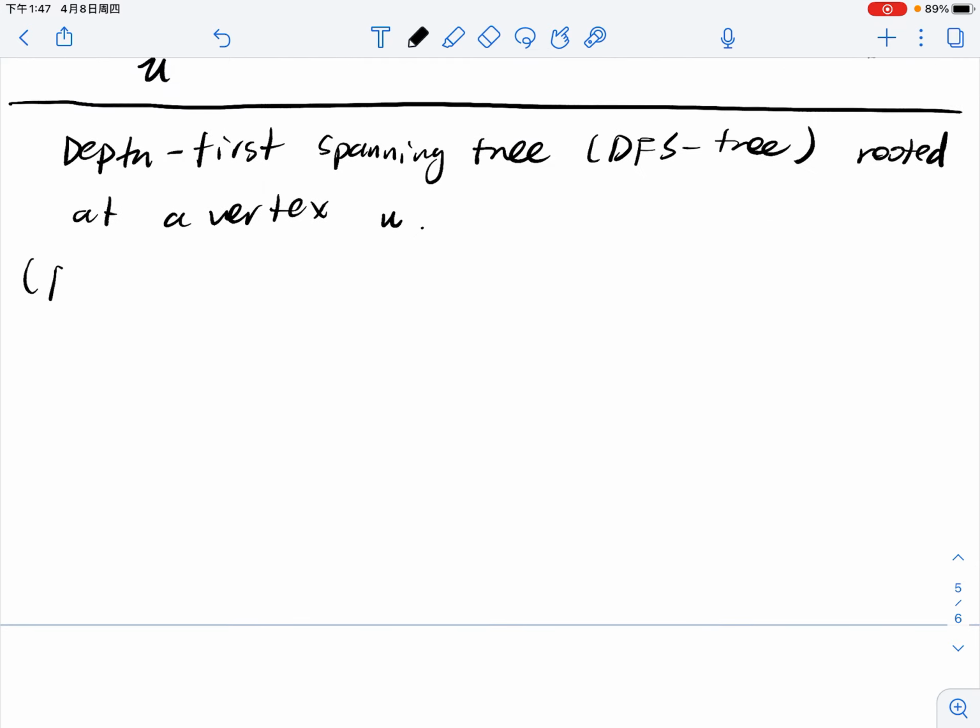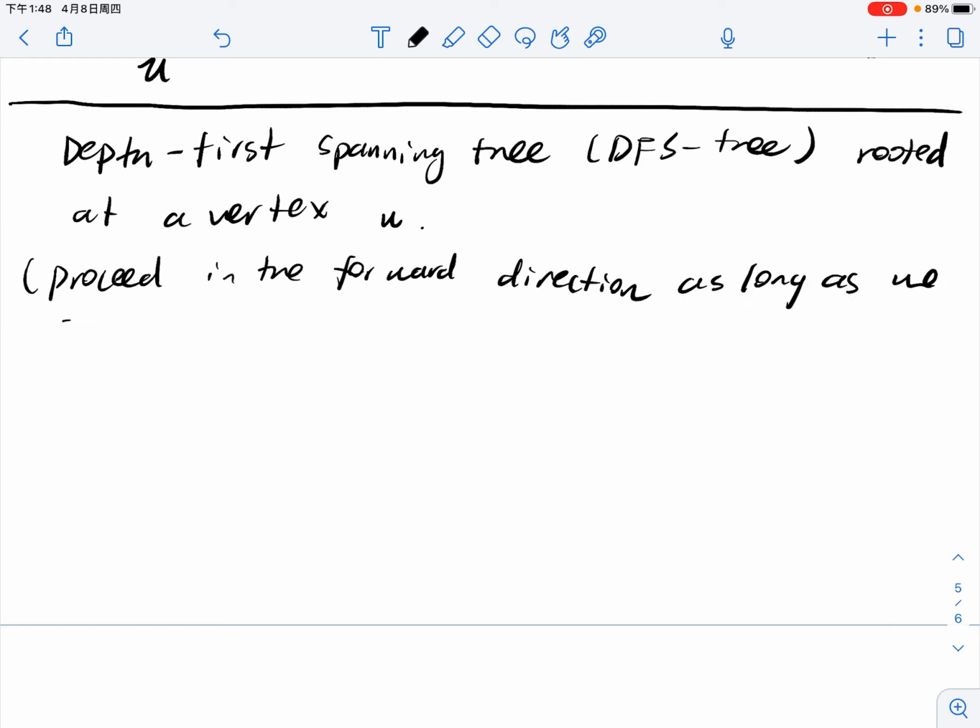So the idea is to proceed in the forward direction as long as we are able.